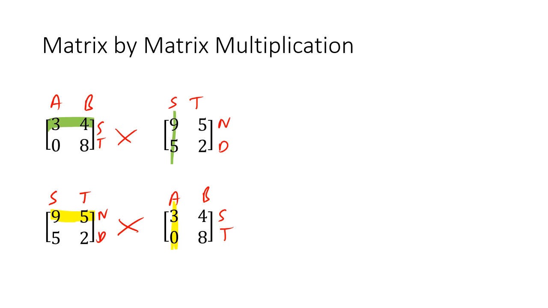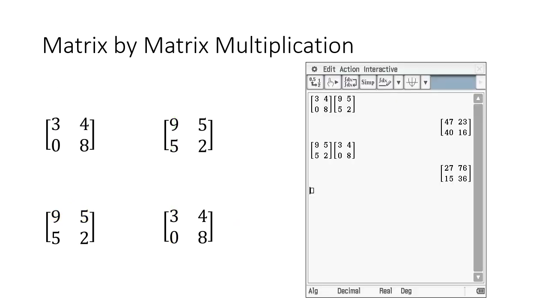So A does not match with N, B does not match with D, because remember the row by column, we're always multiplying row by column. And so the same thing, but down here, S does match with S and T does match with T. So row by column does work. So actually, this one is wrong and this one is right.